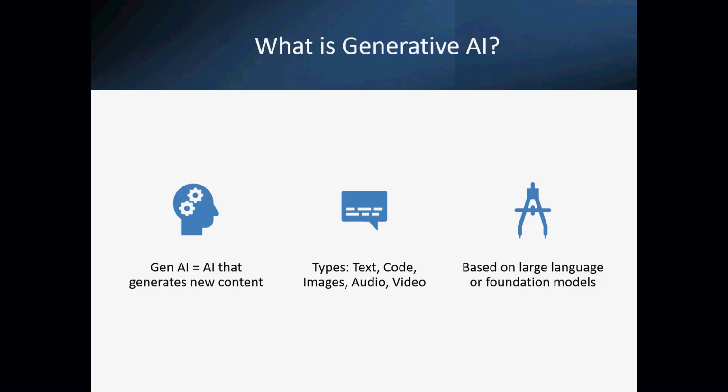As the name says, generative AI means the AI that generates new content. The content can be in the form of text, code, images, audio, or video. The core component which does this is some kind of a large language model or foundational model.